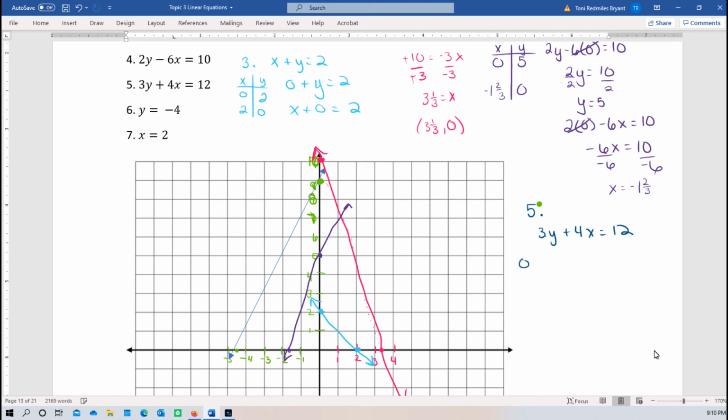So we're going to put 0 in for x and 0 in for y. So let's do our x first. If I put 0 in for x, 4 times 0 is 0, leaving me just with 3y equals 12. I got to divide both sides by 3 because that 3 is multiplying the y, and I get an answer of 4.